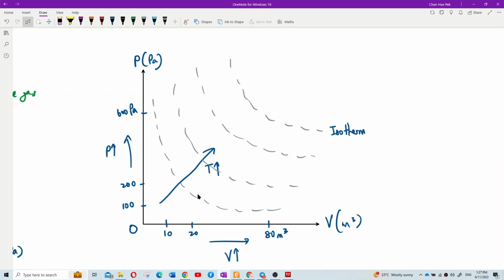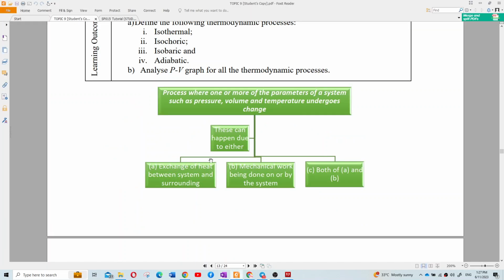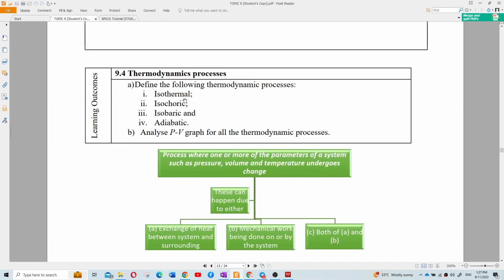What is meant by isotherm line? Maybe you don't understand what isothermal, isochoric, isobaric mean. Actually, the word itself tells you the meaning already. Iso means same. Therm means temperature, thermal. Same temperature.